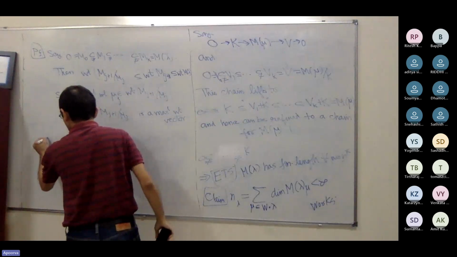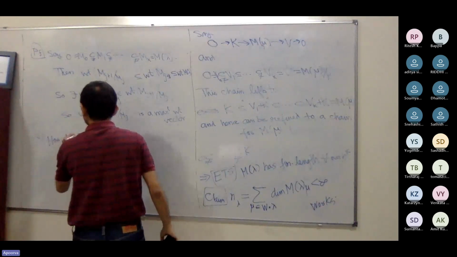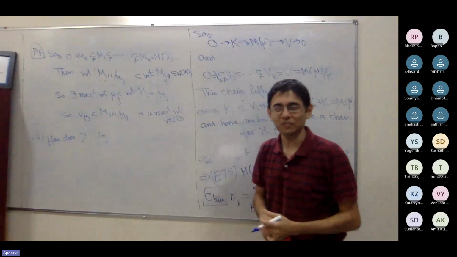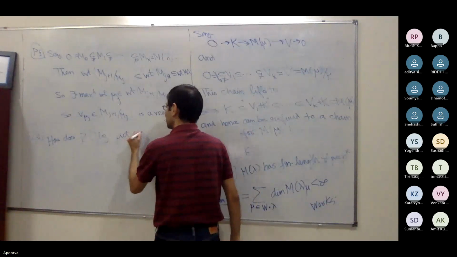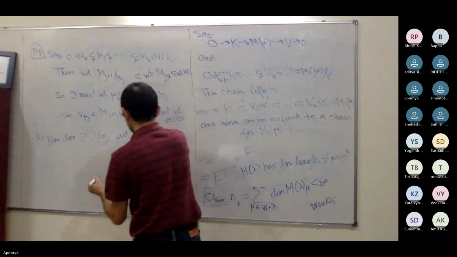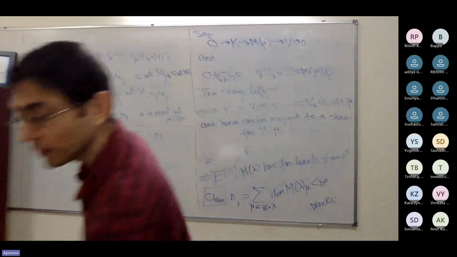Now consider this. We had talked about the center of U(g) a long time ago, but this is where it comes in. How does the center of U(g) act on v_{mu_j} and on its lift? It acts in two different ways.